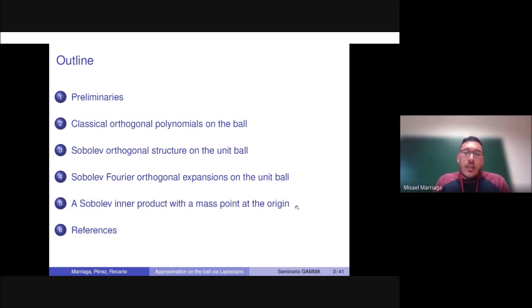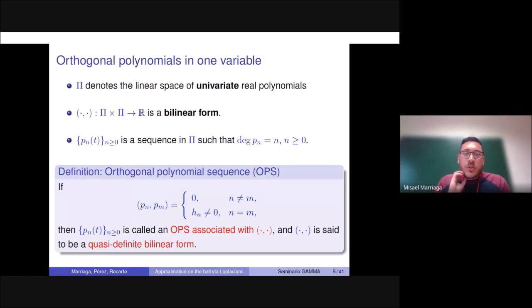These came as a surprise after we had understood the very first part, and then we went into studying other kinds of inner products, and we ended up with some nice results about this other inner product. Okay, so I'm going to start just reminding a little bit, because I'm assuming that everybody here is very familiar with orthogonal polynomials. So I'm just going to go a little bit fast, and I'm going to try to tell you the difference between the univariate case and the multivariate case.